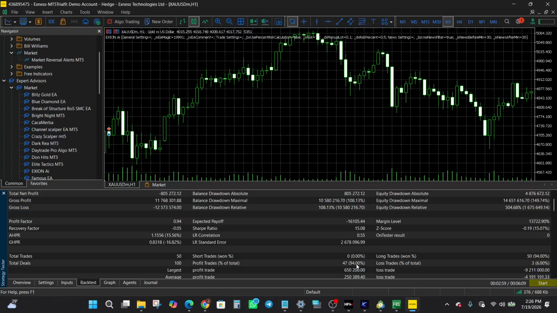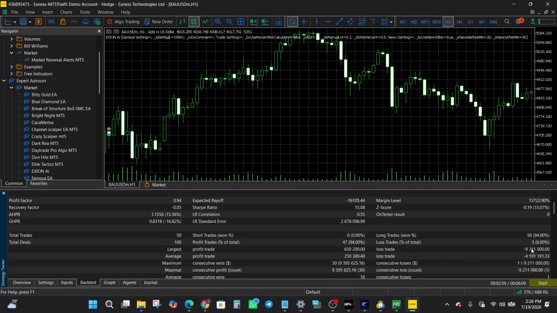But the single largest losing trade in this test came out to over $9.2 million. You can see that here, the largest losing trade. It's a number that is completely disproportionate to a $10,000 starting account.